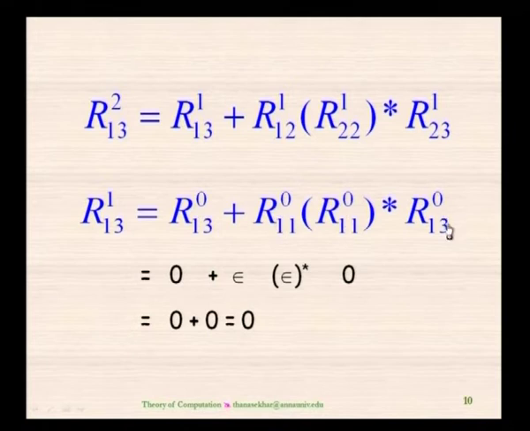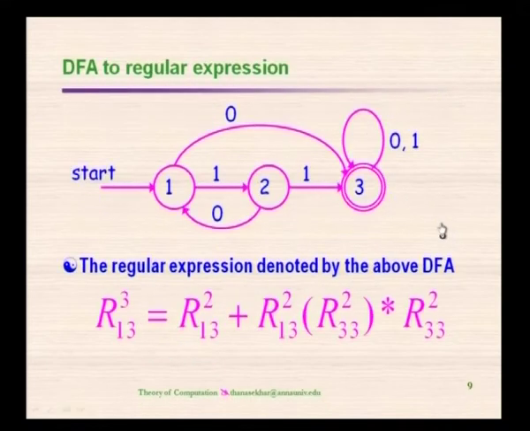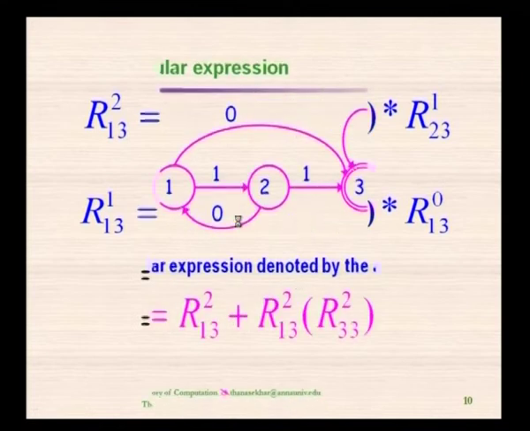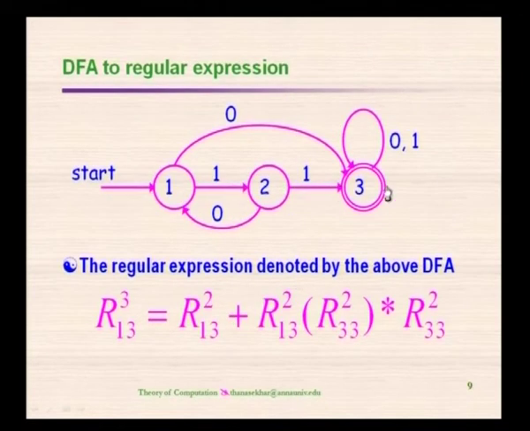Let us go back to the actual automaton. The automaton will tell you what the 1 2 with 0 is going to be. As far as this particular expression is concerned, it is R130, in the case of 1 to 3 with no intermediate state. With no intermediate state, you find whether there is a transition from 1 to 3 or not.